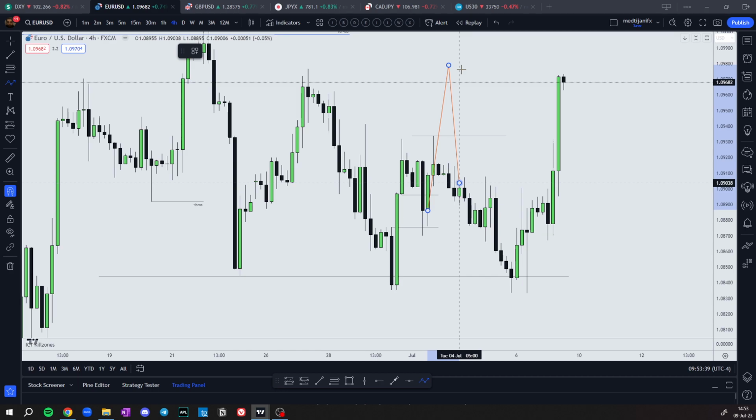We didn't have any break of market structure for price to continue higher, but instead it was inside this daily order block, right?